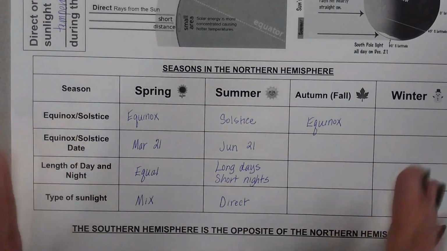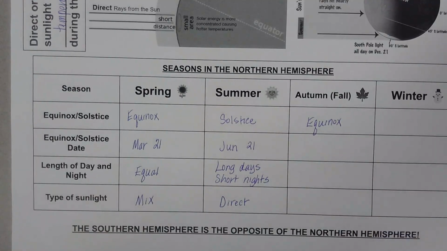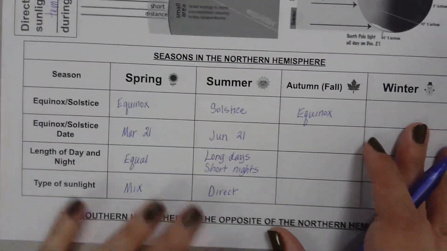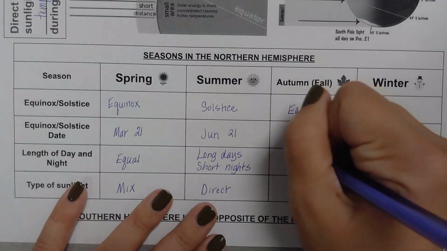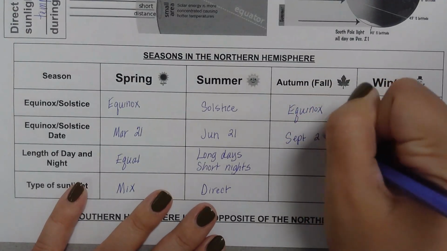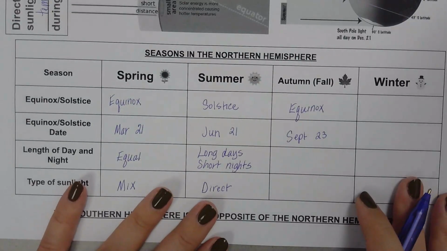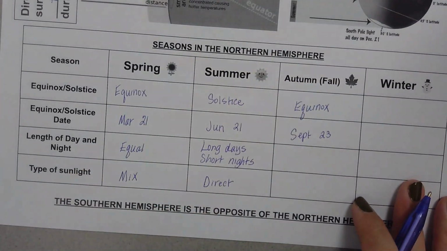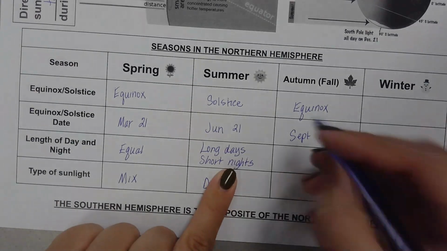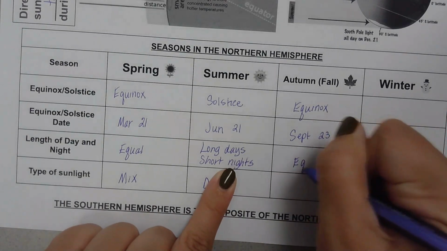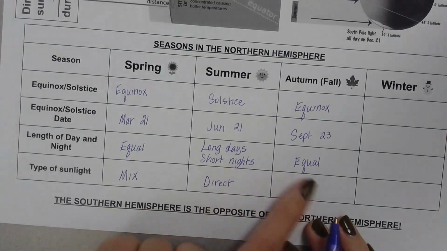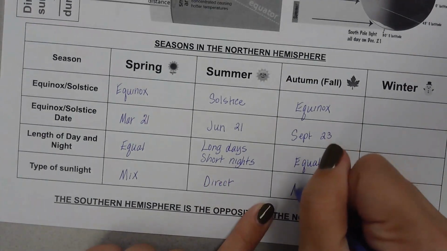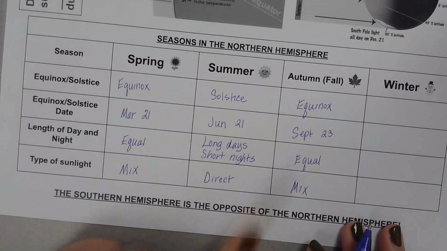It's kind of mild in temperature, but it's starting to get cooler as we're heading into winter. This takes place around September 23rd. Once again, day and night are approximately equal. We have a mix of direct and indirect sunlight.